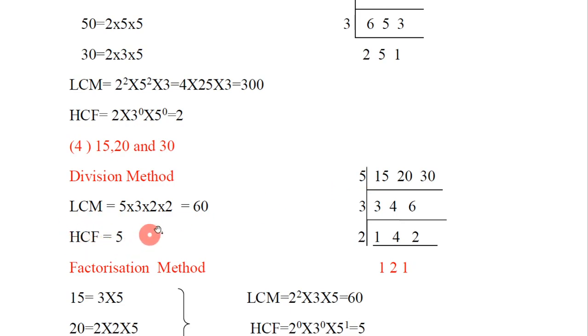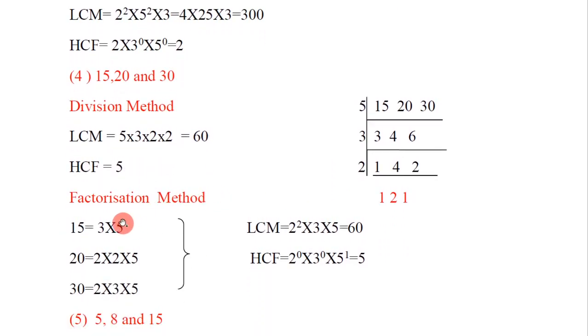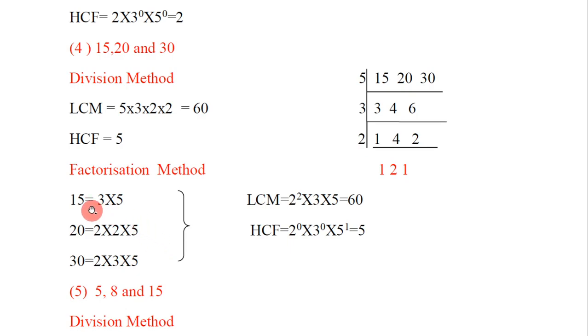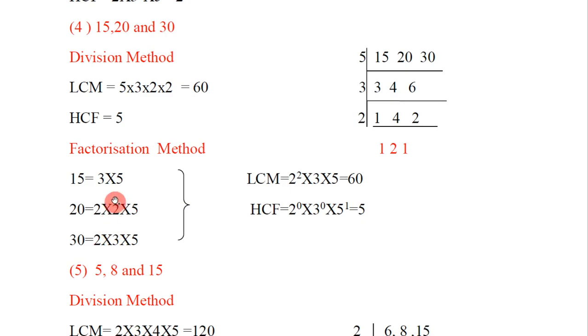It is the HCF. Then using factorization method, we can write 15, 20, 30 like this. And LCM is the highest powers of 2, 2 square. Highest power of 3, 3 power 1. Highest power of 5 is 5 power 1. So it is 60.